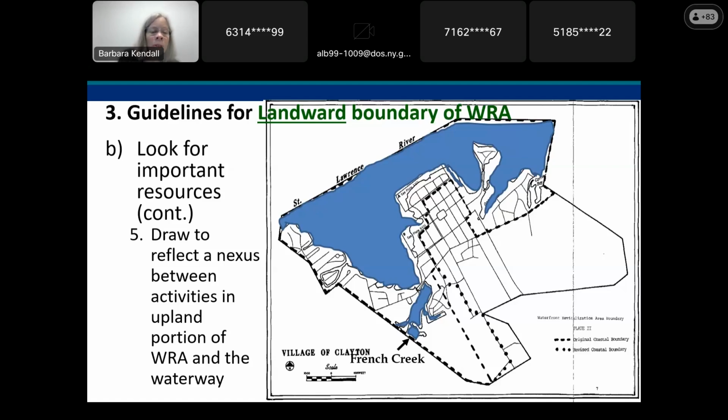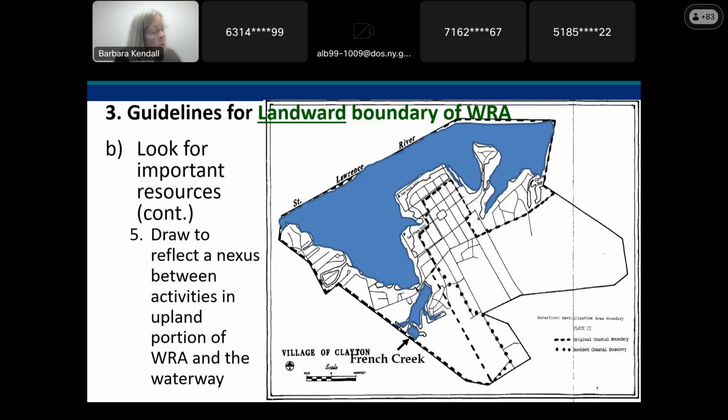When they did their first LWRP, they decided that they wanted to add an area. The original coastal area is that black dotted line or black hashed line. And then if you can see where there's dots instead of hatch marks, they wanted to expand it over to the right, over to the east, to add this area.